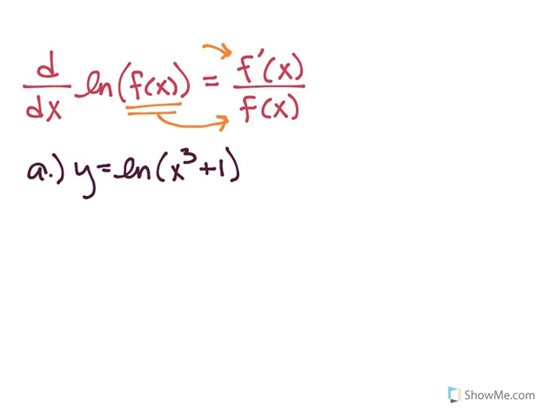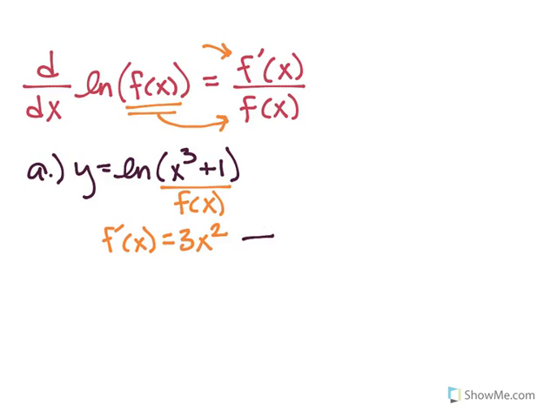So we're going to do y equals the ln of x cubed plus 1. So just by following our rule, this is going to be our ln part, and then this is our f of x. And again, if you find it helpful, find the derivative of that inside part first. So the derivative of that inside piece is just 3x squared.